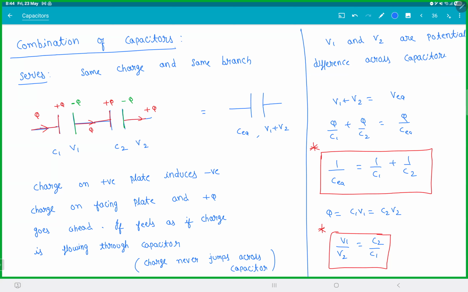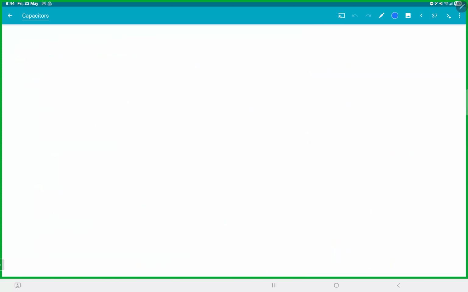Clear, everyone? So be careful with that. Series parallel thing can be confusing if there are resistors and capacitors. Sometimes people do goof up. Even I do sometimes, that series parallel, we do some mistakes. So be careful with that.